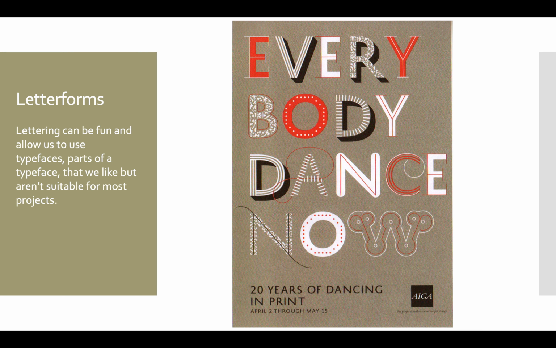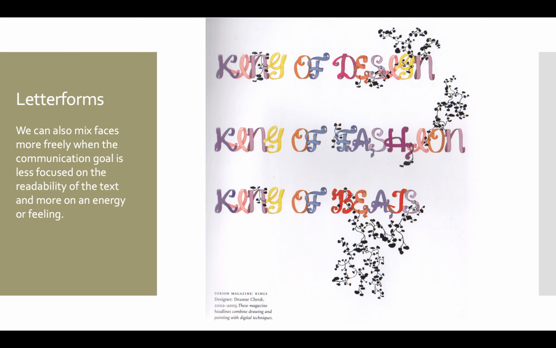So we can have fun, we can look at things that maybe aren't going to be suitable for setting large amounts of body text, but if you're setting something really large, a headline, a single word, you can really play with the form and have that shape that makes up the letter evoke a lot of meaning and emotion. You can see here we can mix things freely when the communication goal is less focused on readability and more on energy and feeling.